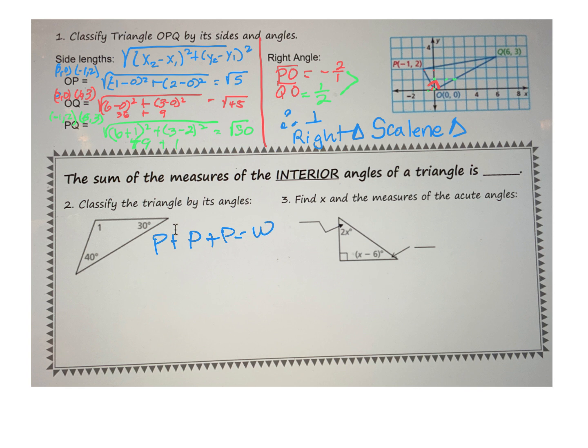So then that would be x, because we don't know what angle 1 is, plus 30 plus 40 equals 180. So I combine terms. So I get x plus 70 equals 180, minus 70 on both sides, inverse operations, x equals 110. So because the measure of angle 1 is 110, this one is an obtuse triangle.